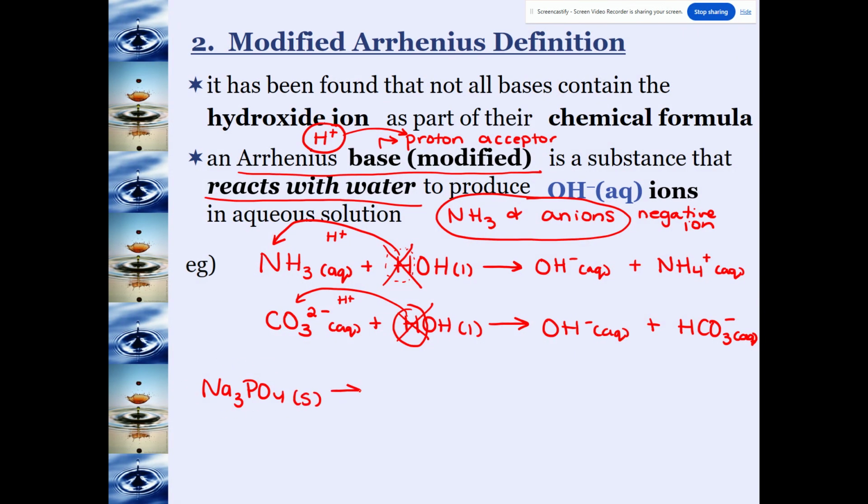Well, when I put it in water, first it's going to ionize into sodium ions and phosphate ions. Now the sodium ions are nothing, right? But the phosphate ions are an anion. So now I can show that those phosphate ions will react with water. Notice how I'm writing water as HOH.